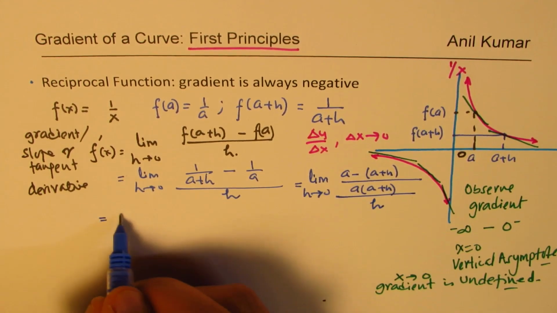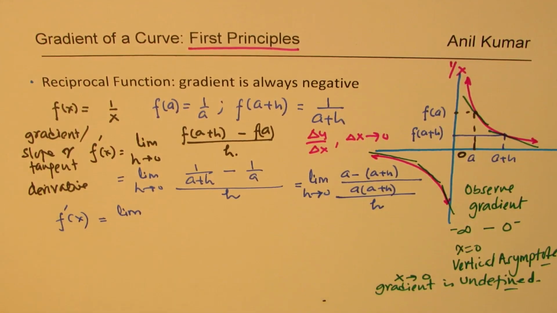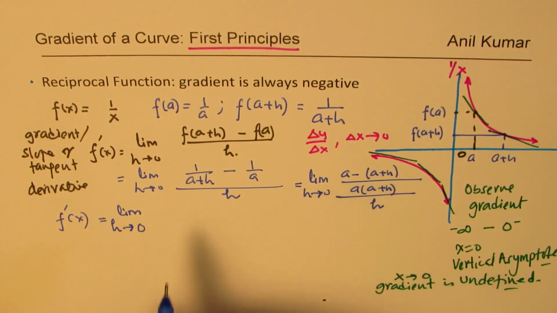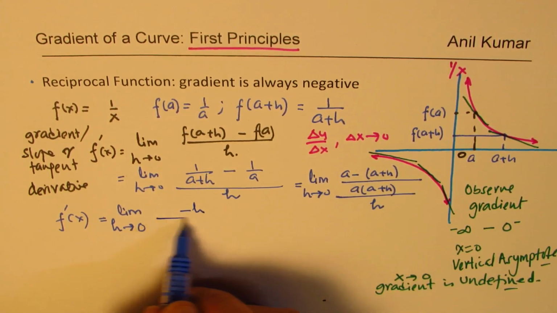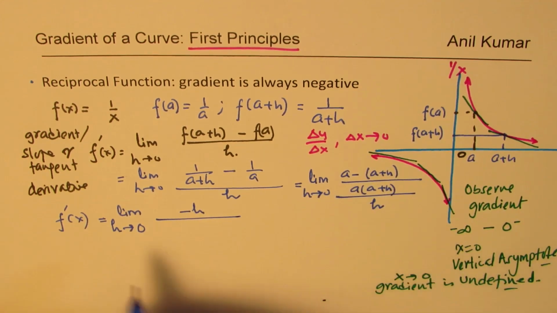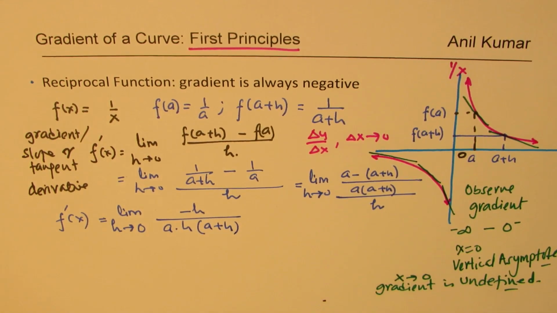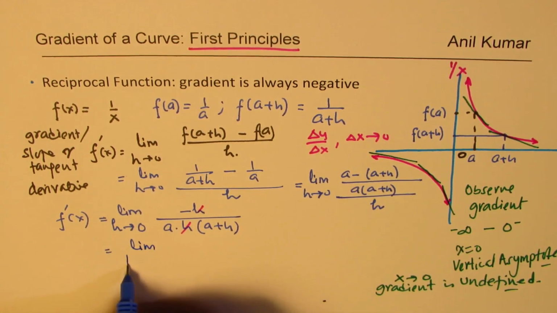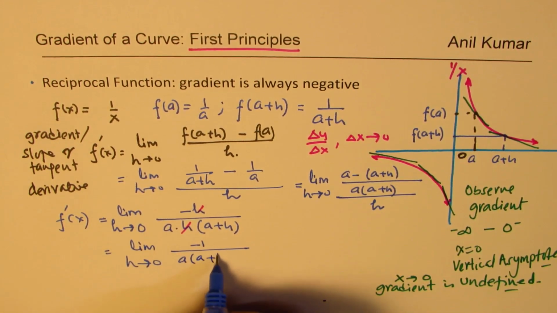Now rewriting the same thing, f dash x, the gradient function, is the limit as h approaches 0. In the numerator, when you open this, a minus a is 0, we get minus h in the numerator. We take h in the denominator, we get a times h times a plus h. Clear? Now here, h and h cancel. As soon as you cancel them, you get the limit as h approaches 0 of minus 1 over a times a plus h.